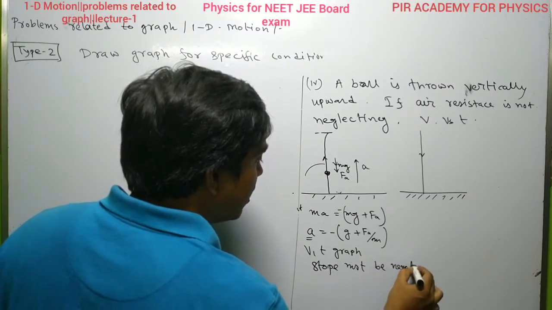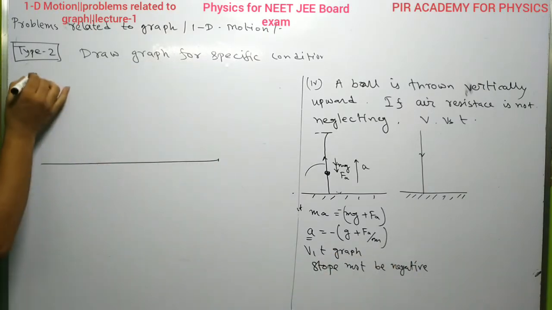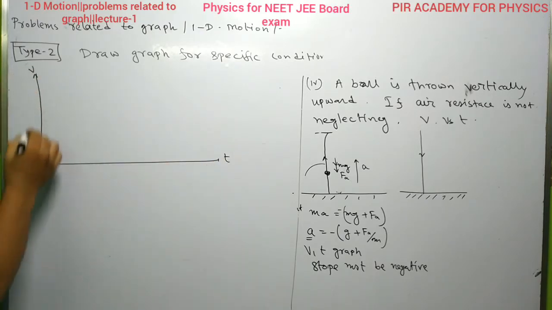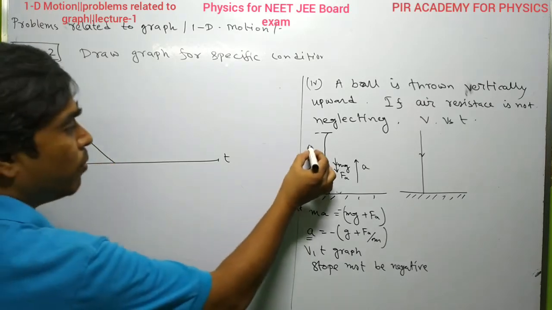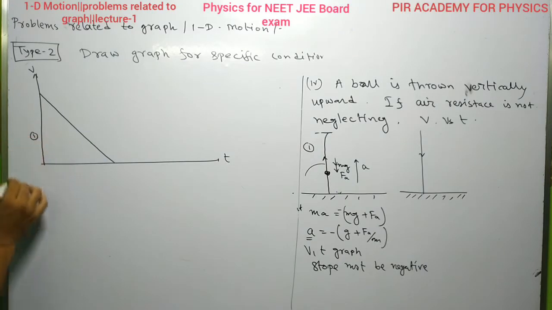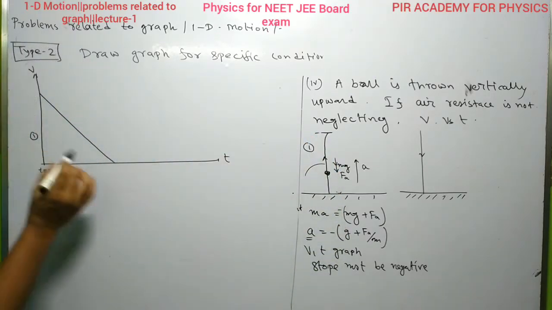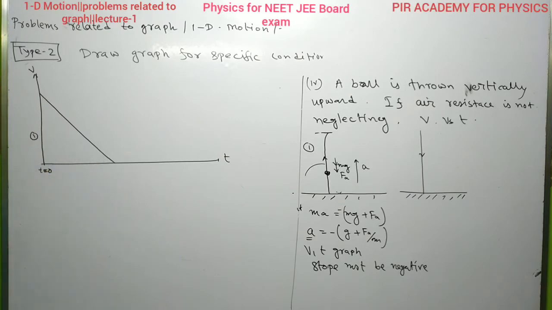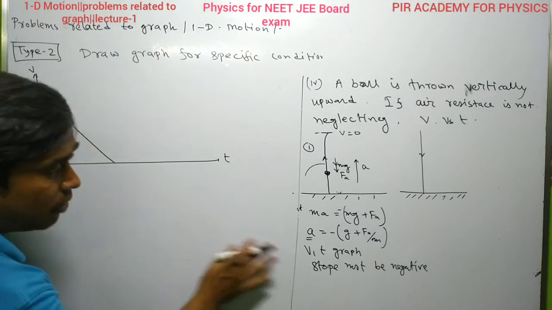If I draw the velocity-time graph, it looks like this. This is condition number 1. At time t equals 0, it has maximum velocity. After reaching maximum height, the velocity will be 0.